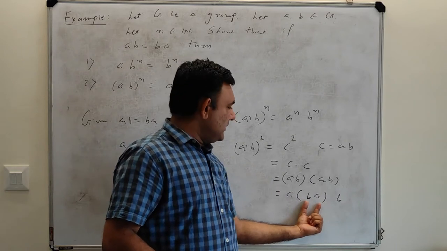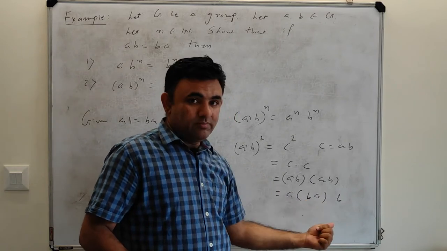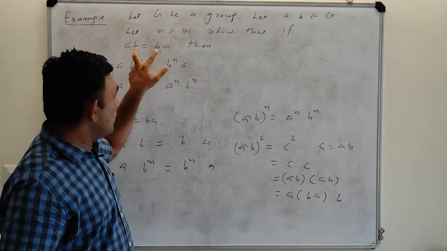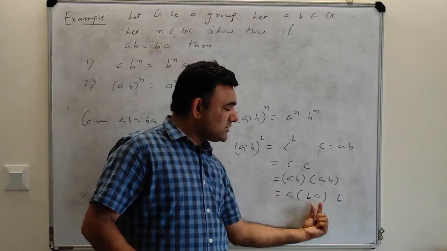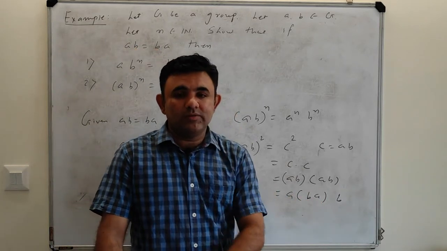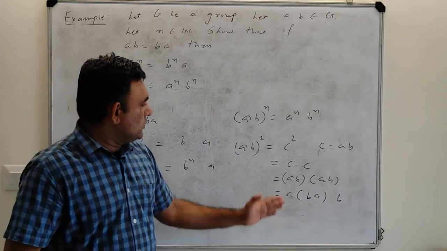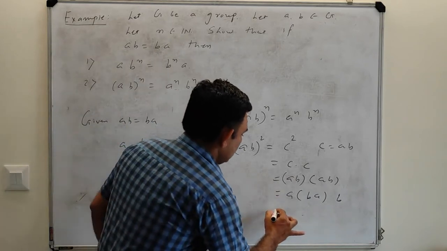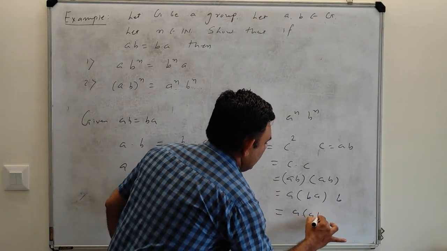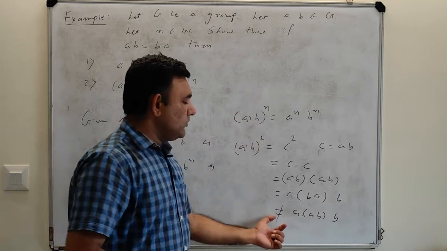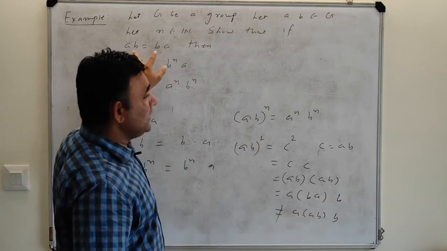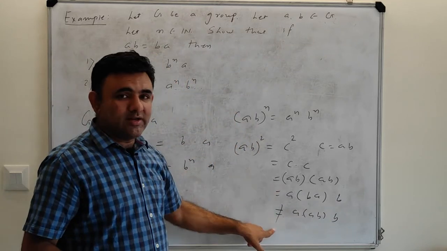You can't write this is equal to AB if you have not been given this. If you have been given this, then you can switch this BA by AB. Otherwise, you can't switch it. So you do not have this step if it is not given. If it is given, then we have that step.